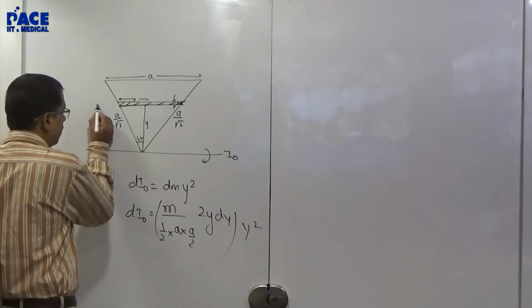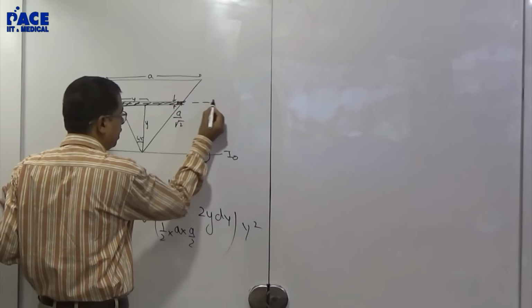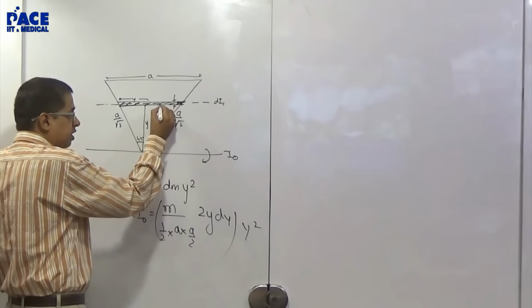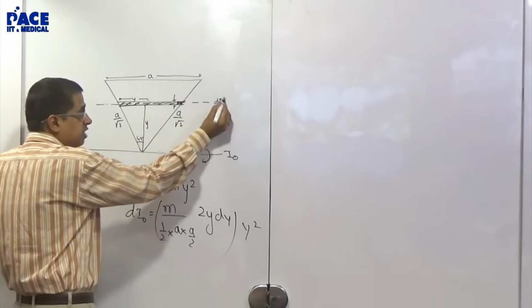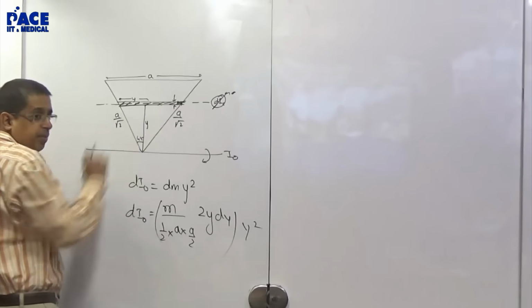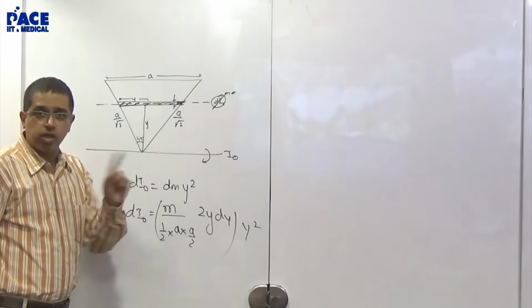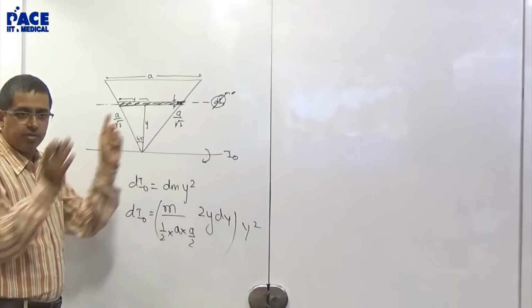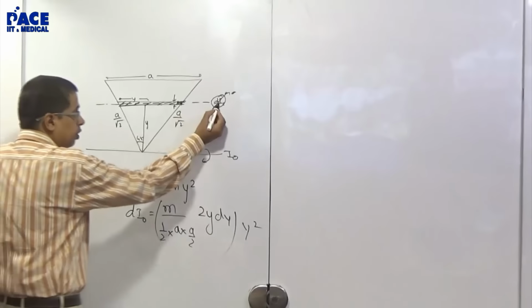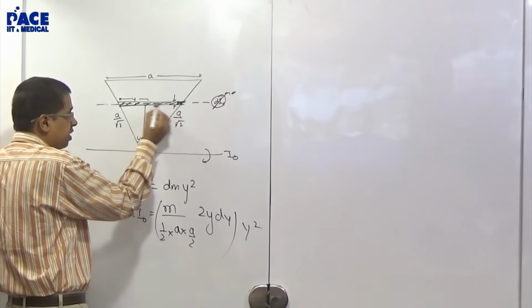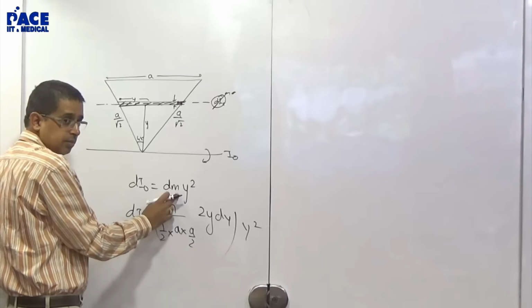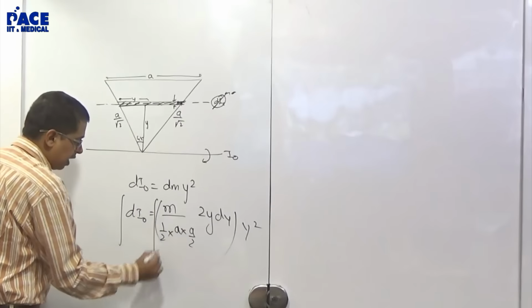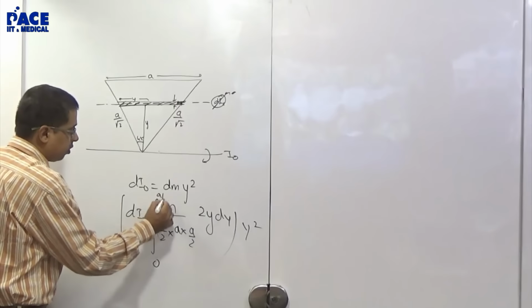Technically, for the small element this will be dIC plus dm into y square. dIC will be 0 because this is a thin strip, not a solid disk or a plate. For a thin strip, the moment of inertia about its own axis will be 0, as mass is only on the axis. So dIC will be 0 plus dm into y square. I substituted dm. Integrate this from the least value of y, 0, to the maximum value of y, A by 2.